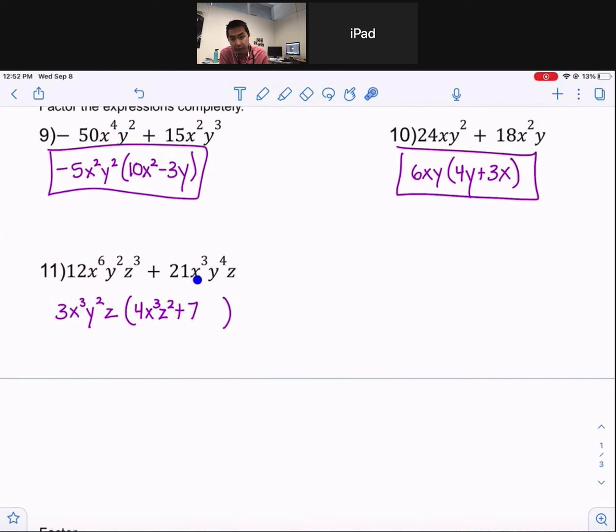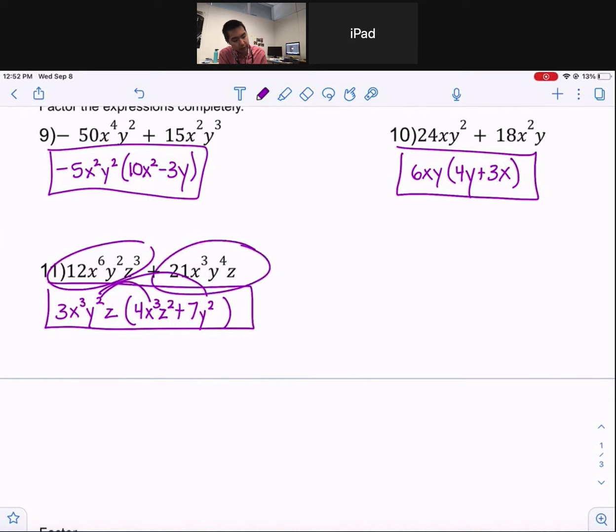This had 3 x's, you factored out 3 x's, so no more x's. This had y to the fourth, you took away 2 of the y's, so it's now y to the second. And this had a z, you took away a z, so no more z, so that is our answer. And again, you can distribute this to both to check your answers.